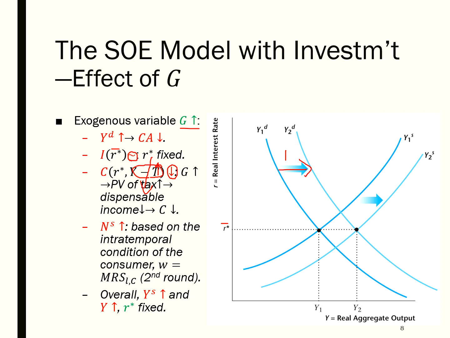This will shift the aggregate supply curve to the right. This shift can also make sure the interest rate will go back to the original world interest rate level. To summarize, when G rises, the aggregate supply and aggregate demand of output will both increase, leaving the interest rate unchanged.